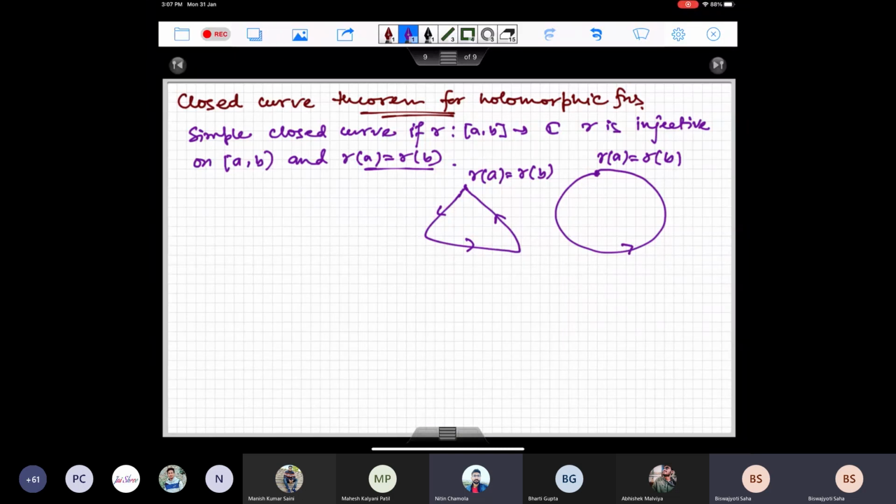And in some cases, if your curve is very complicated, how do you understand what the anti-clockwise direction is? Anti-clockwise direction means the area inscribed by this closed curve should always lie towards the left of the curve. For example, if somebody is standing on this path, then they will see the area inscribed by this closed curve lying towards their left.